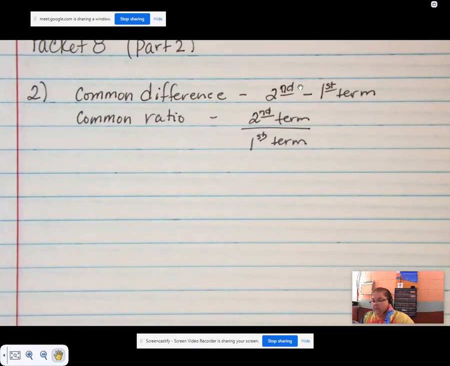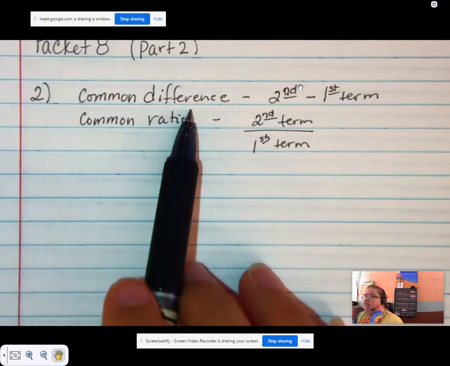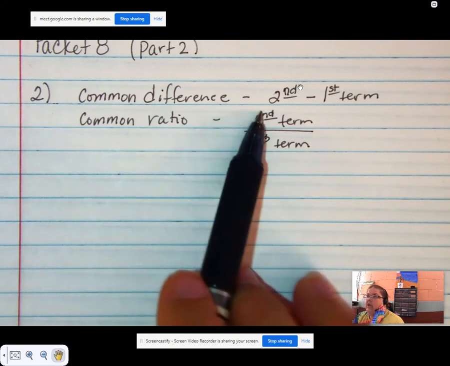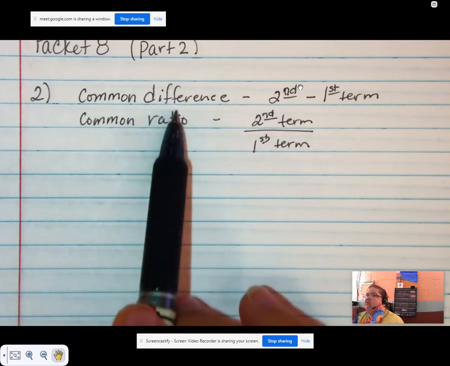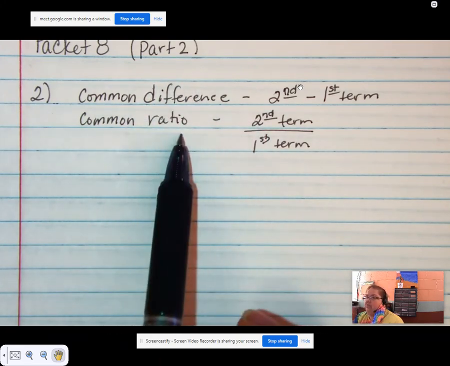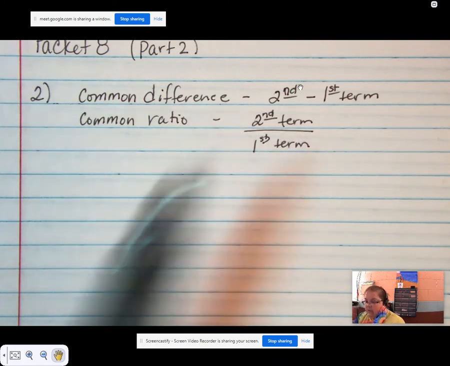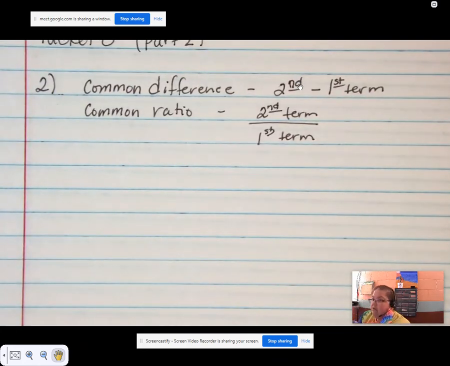And if you don't know for sure, one of the best things to do is to try the difference first. If you don't get a common difference, then try the common ratio. So that's just something to help you out.